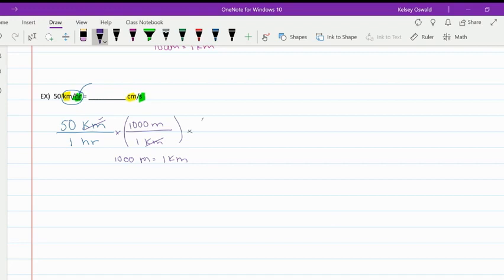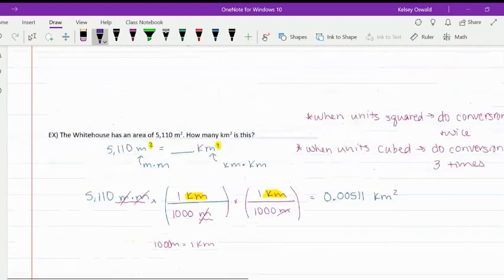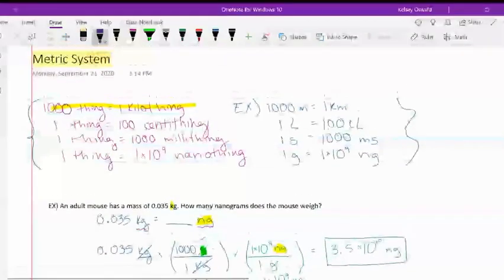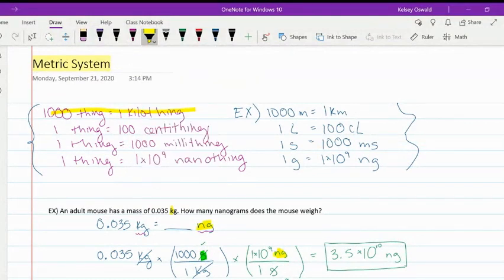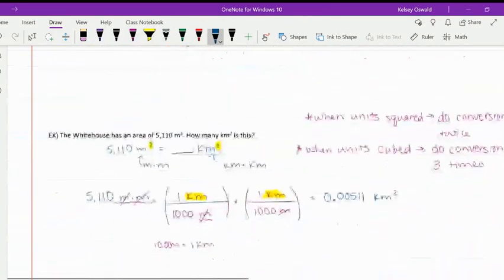But I don't want meters, I want centimeters. So I'm going to go back up to my list of conversions. I'm going to see what relationship I have with meters and centimeters. And that is going to be this guy right here. So 1 thing is equal to 1 centi thing.